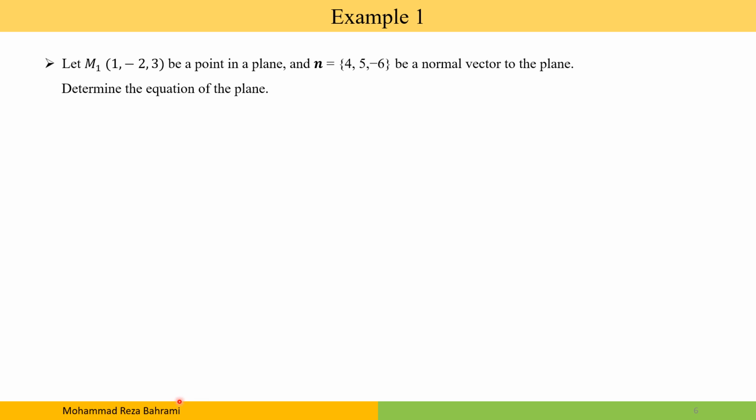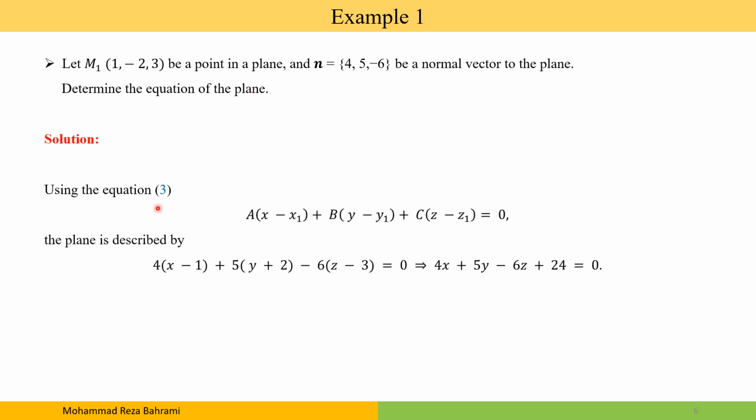Let's have some examples here. Let point M1 be a point in a plane and n be a normal vector to the plane. Determine the equation of the plane. In this case, from equation 3, the general equation of the plane, we have coefficients that are described by n, and we have a point, so we have x1, y1, z1.